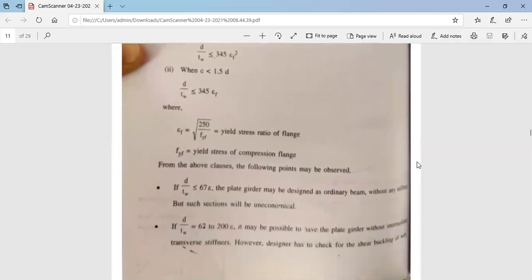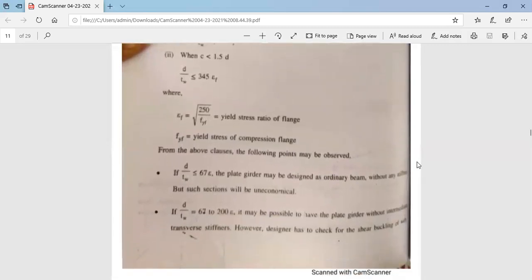From the above clauses, some points are observed. If D by TW is less than or equal to 67E, then the plate girder may be designed as an ordinary beam without any stiffeners, but such sections will be uneconomical. If D by TW is 67E to 200E, it may be possible to have a plate girder without intermediate transverse stiffeners. However, the designer has to check the shear buckling of the web.